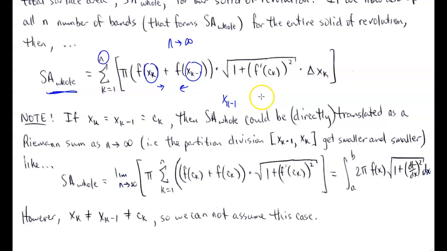X sub k minus 1 is here and x sub k is here. This will keep getting bigger, this will keep getting smaller, so that they eventually converge upon some value in the middle here. And that value in the middle is this c sub k that we talked about earlier. Okay, so that is the basic idea.